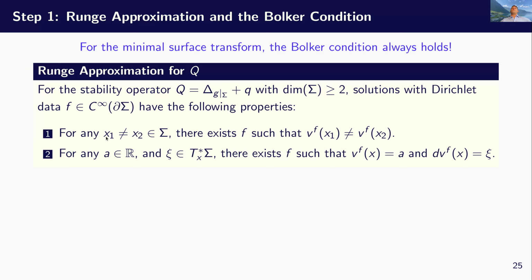If you have different points, then there always exists a boundary value, Dirichlet data f, such that at those points, the corresponding solutions have different values. Moreover, you can fix the value of the solution and its differential at the point x, so that you can find a solution having the value a at the point, and the differential is this given vector xi. But just consider the first one now.